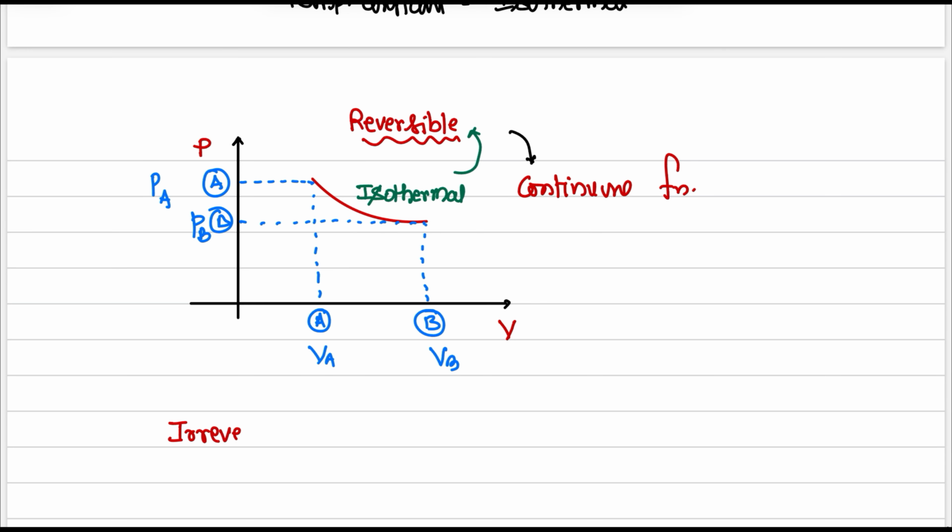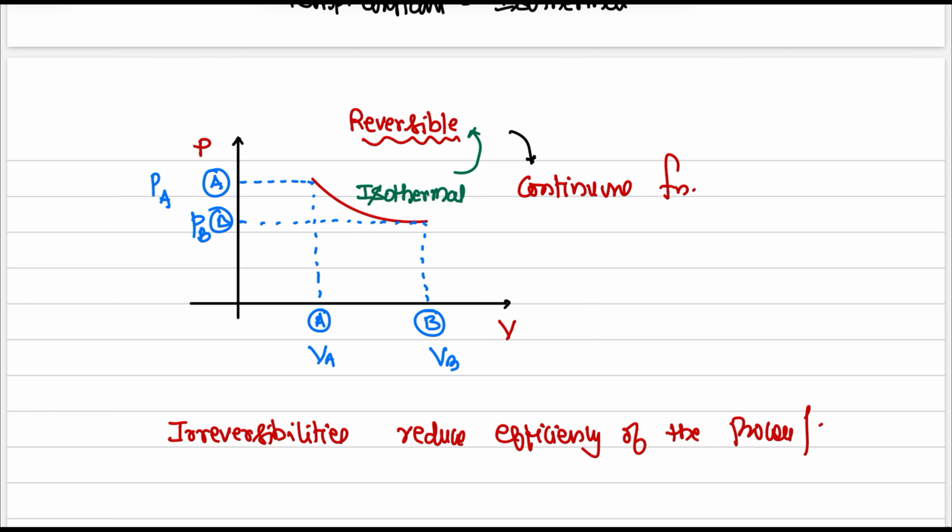Irreversibilities reduce the efficiency of the process or cycle. The thermodynamic cycle efficiency will be reduced because of the irreversibility.